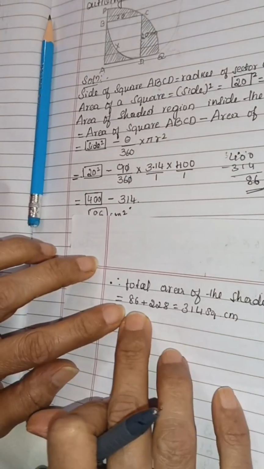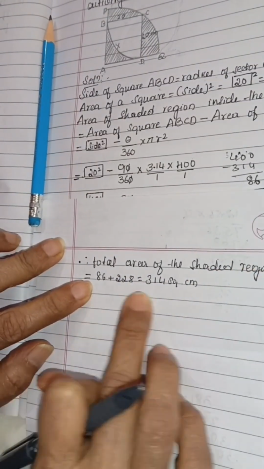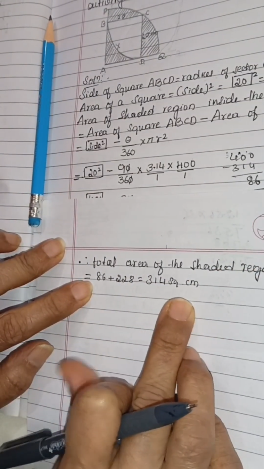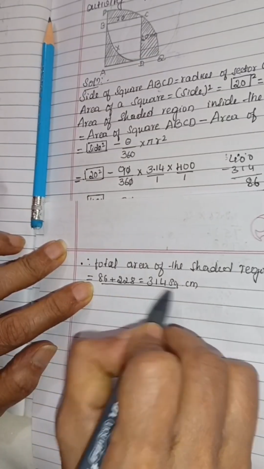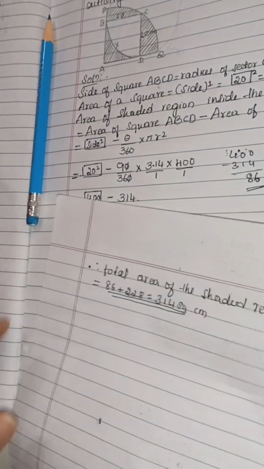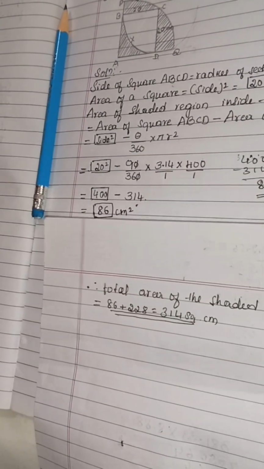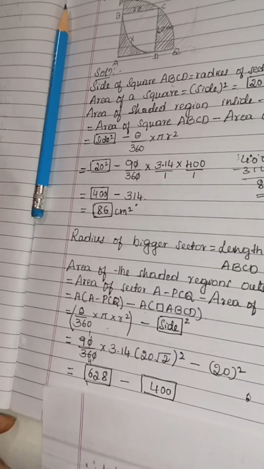We have to add, so the total area of the shaded region is 314 square centimeter. This is all given here, it is not necessary to fill. So this is the activity of question number 11.